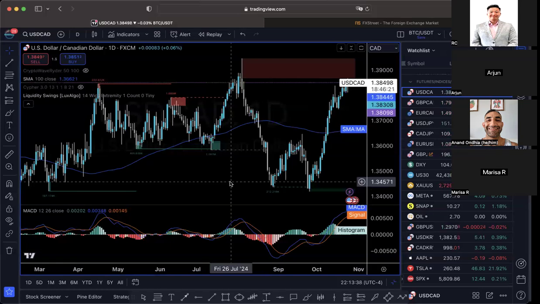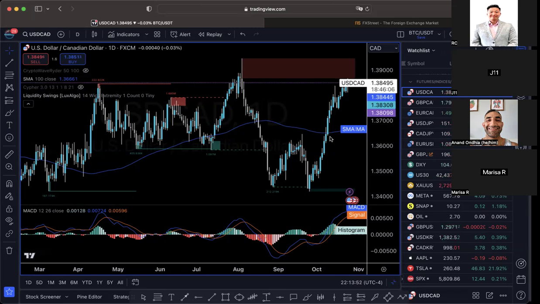A good example of this is NFP, non-farm payroll, and CPI, consumer price index. These are things that you guys need to learn and study. There's a lot of different websites and resources that you can plug in with to be ahead of the curve. One of the most impactful pairs when it comes to these fundamentals are the US dollar pairs.